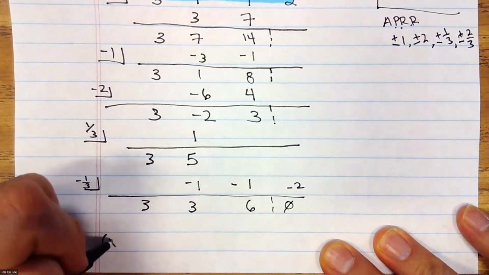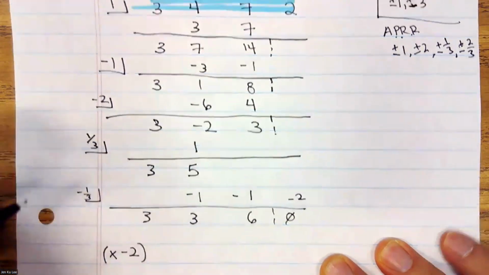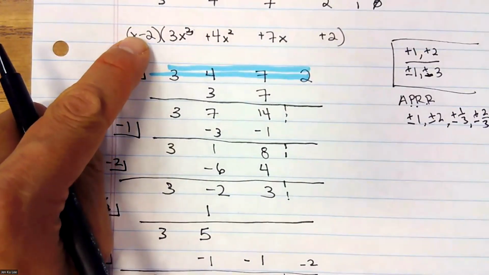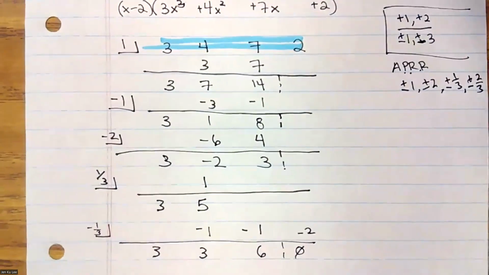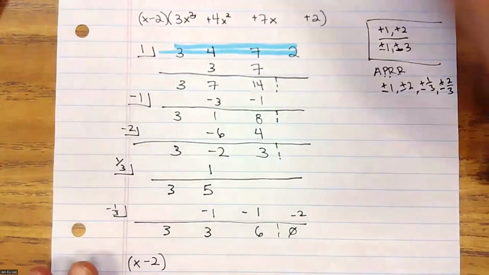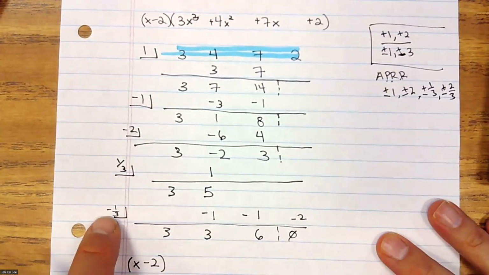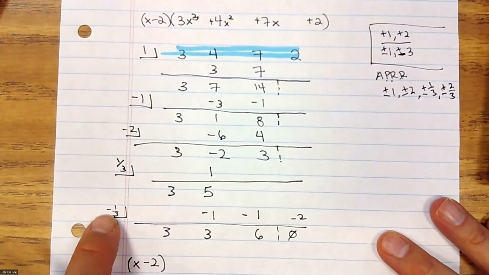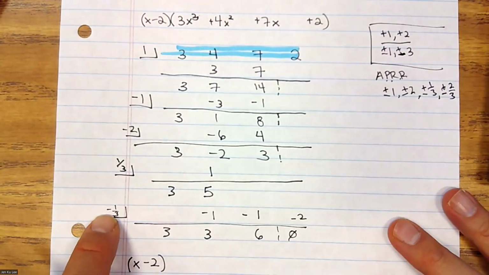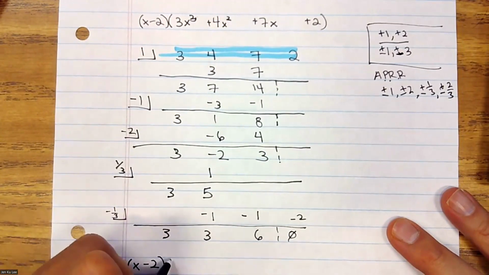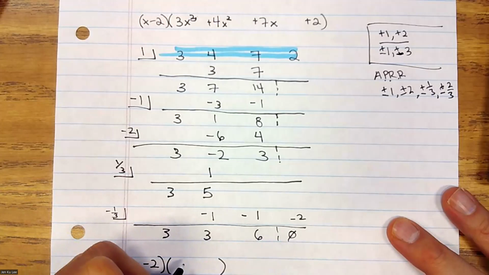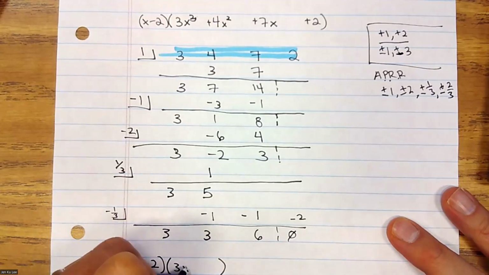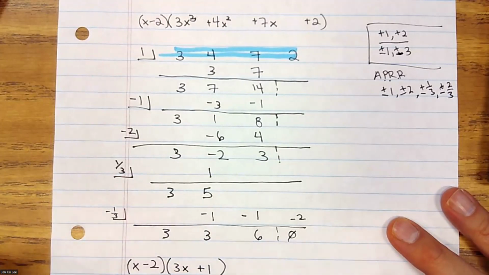So I want to pull down that x minus 2 from the top. This factor here, I pulled it down. And if negative 1/3 is my root, what's my factor? 3x plus 1, right?